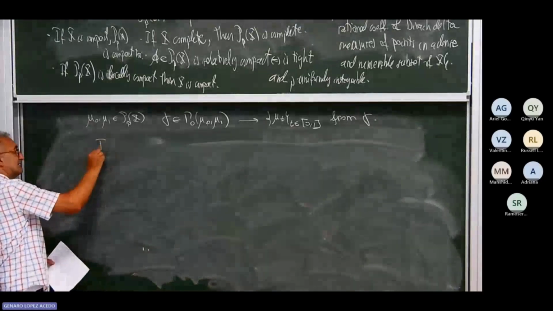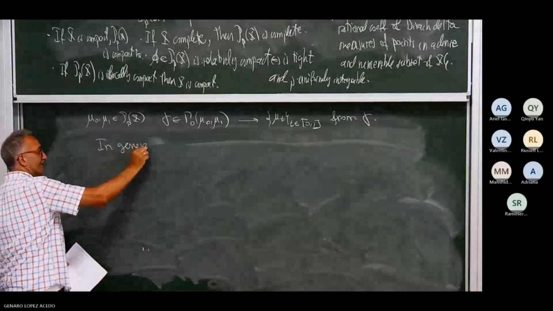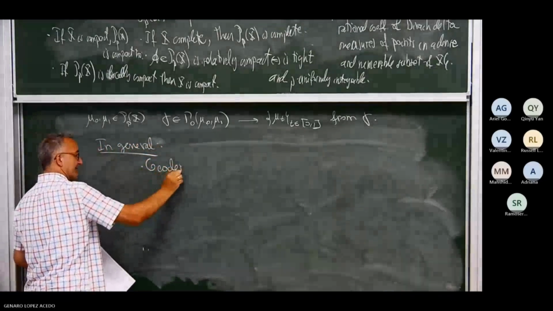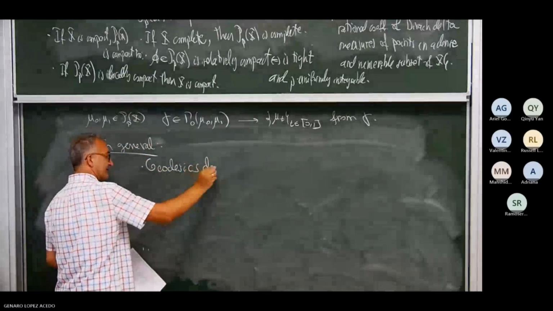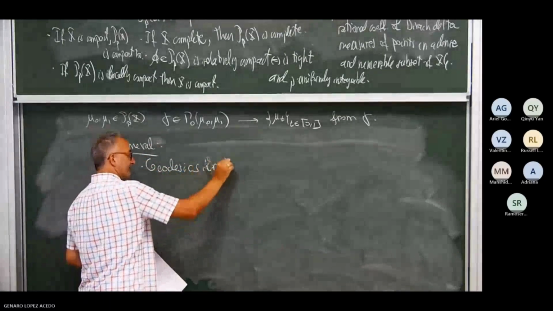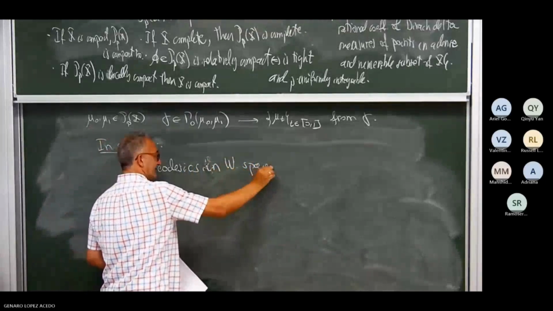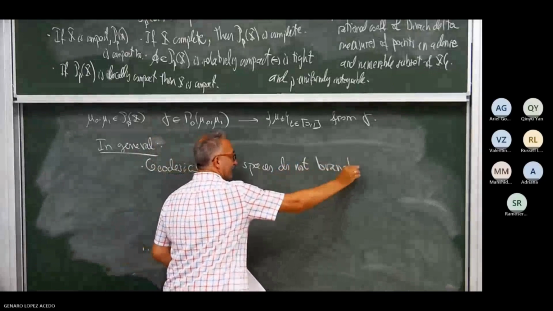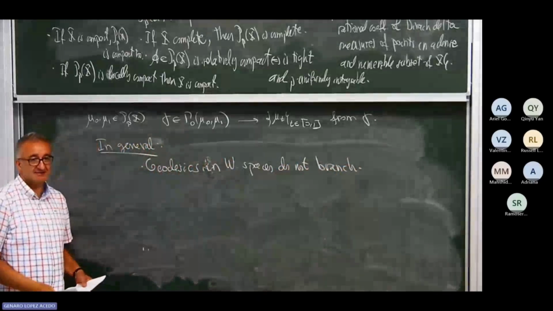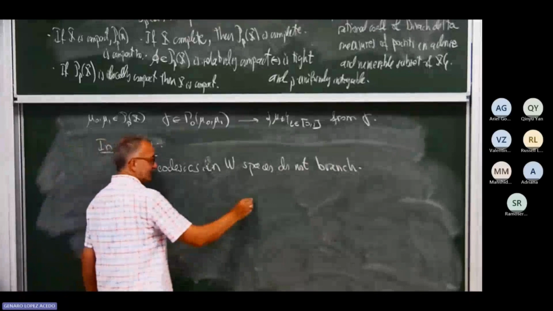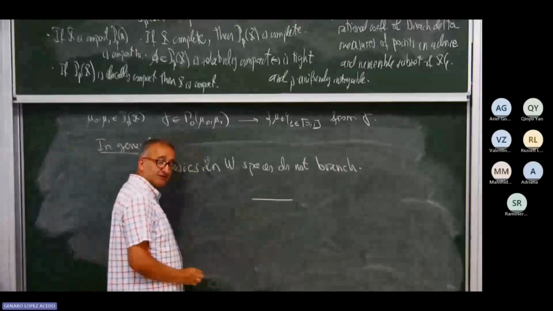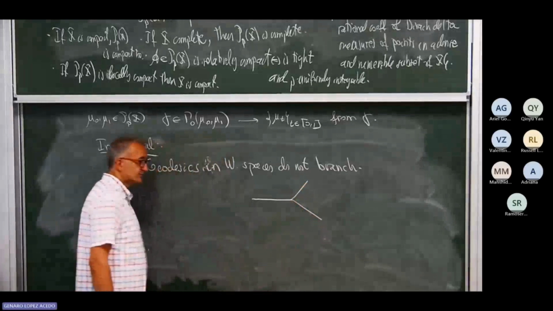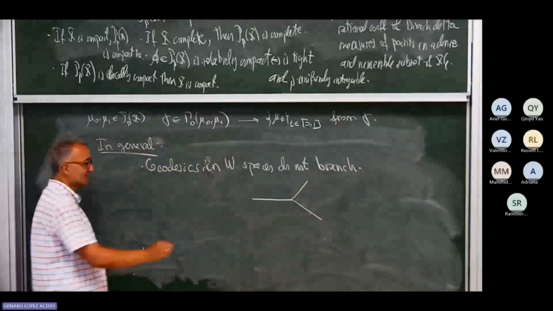It is that geodesics do not branch. That means that if you are walking along a geodesic, that geodesic cannot break into two ways while still being a geodesic.